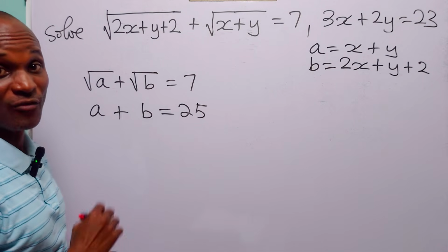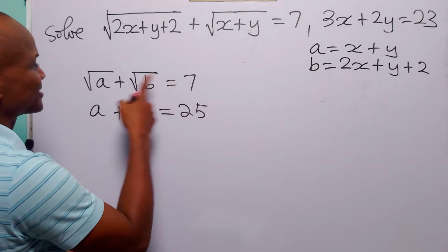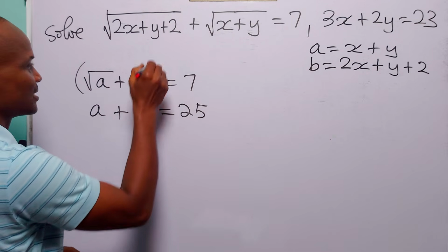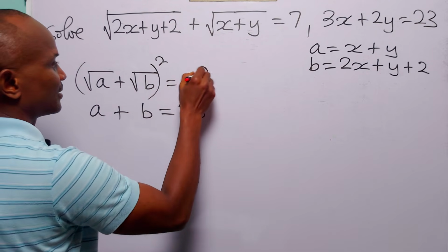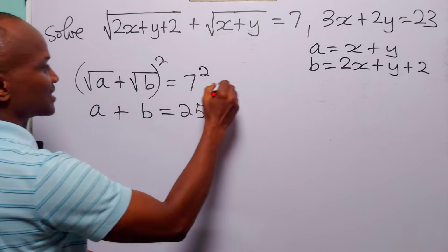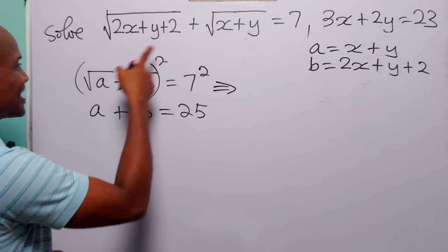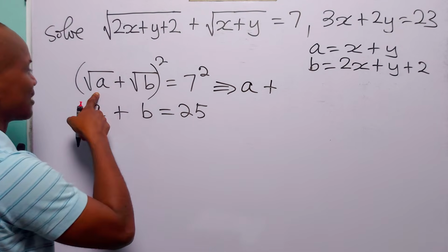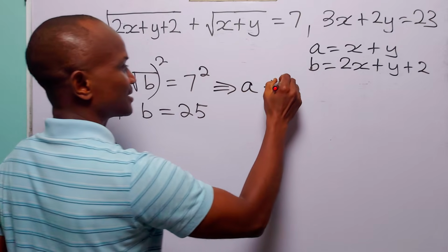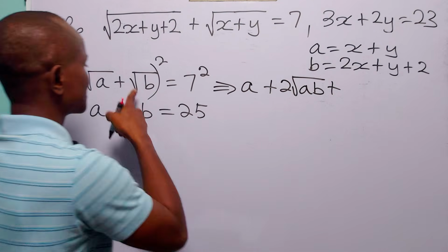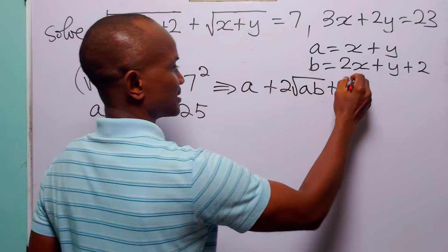Now to find the values of a and b, let us start by squaring both sides of this first equation. So we have this squared and 7 squared. When we expand the left-hand side, we have root a squared, which is a, plus 2 times root a times root b, that is 2 root ab, plus root b squared, that is b.